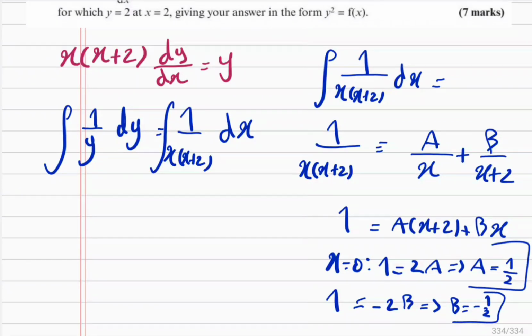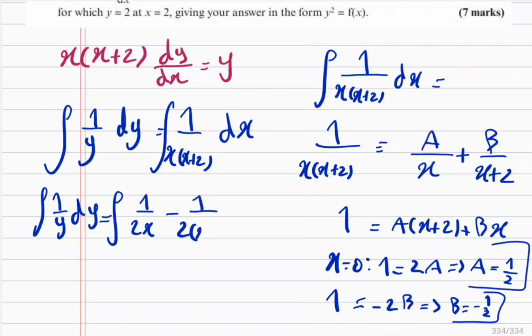So therefore we'll have the integral of 1 over y dy on the left, and on the right we'll have 1 over 2x for the first term, and the second term becomes minus 1 over 2 times x plus 2, dx.